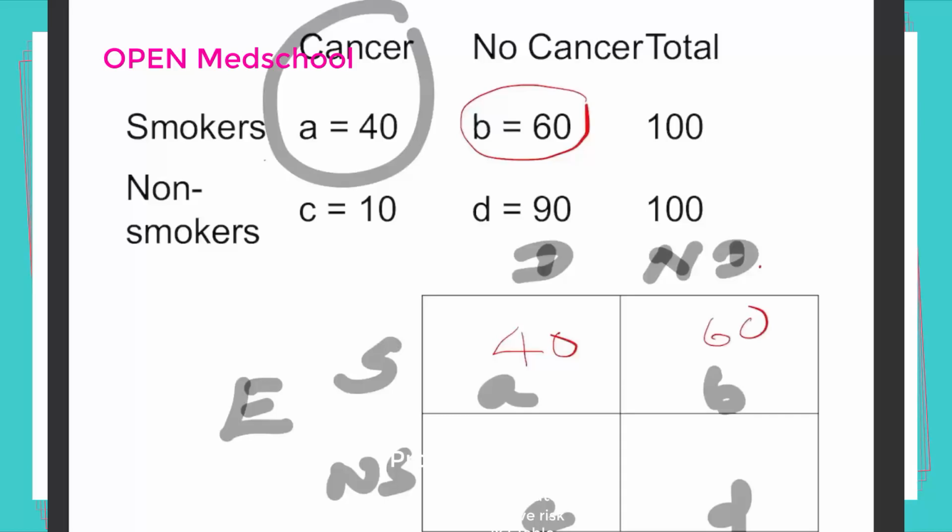Sorry, smokers without cancer, that is 60. So that smokers without the disease, 60. In the non-smokers, the cancer developed was 10. Non-smokers, no cancer is 90. Hope how to tabulate is clear to you.